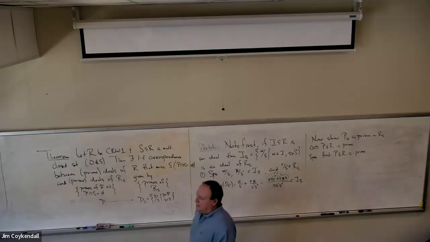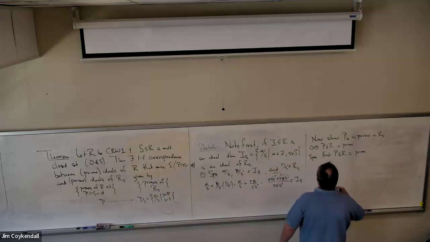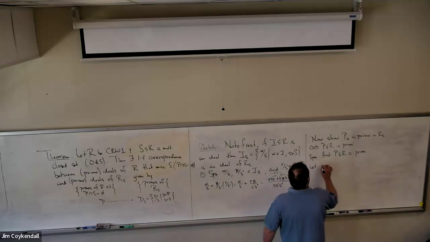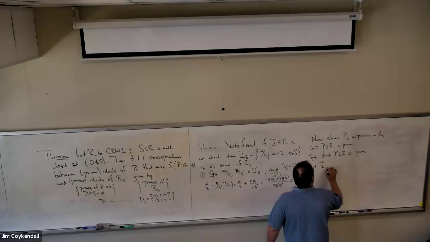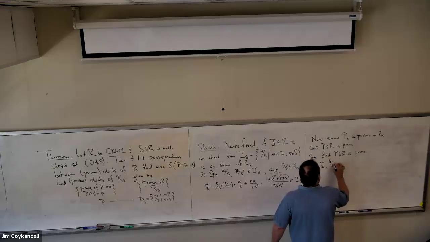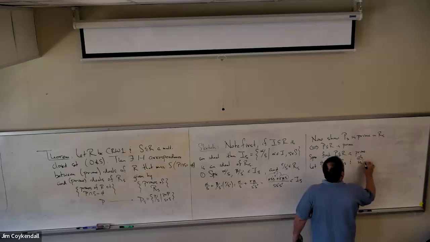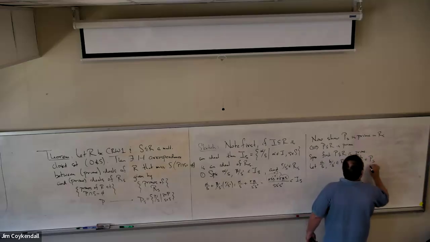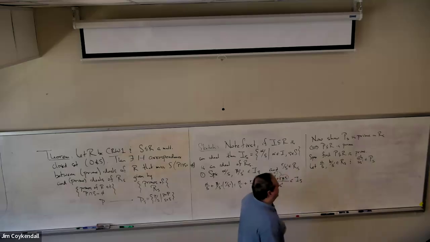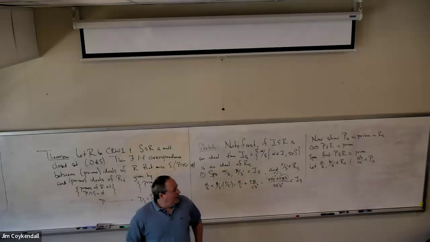Suppose we have a prime ideal here. We want to show P localized at S is prime. So let a over s and b over s prime be in R localized at S. Suppose that their product is in P localized at S. What does this mean?